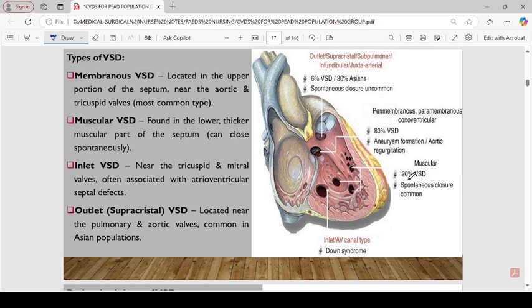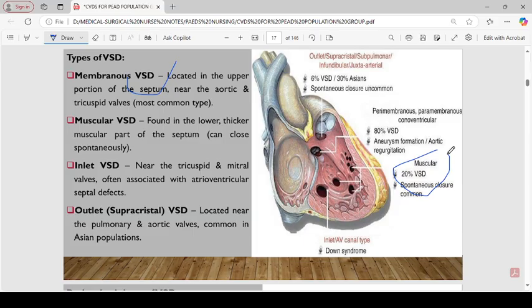We have four major types of ventricular septal defect. First, the membranous ventricular septal defect, located in the upper portion of the septum near the aortic and the tricuspid valve. This is the most common type. We also have the muscular type, found in the lower thick muscular layer of the septum, and this one can close spontaneously.